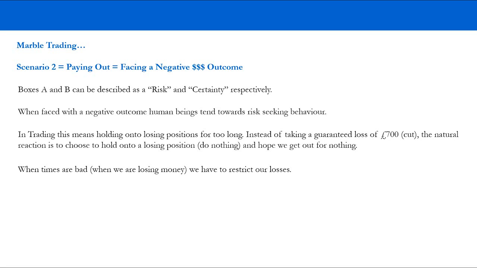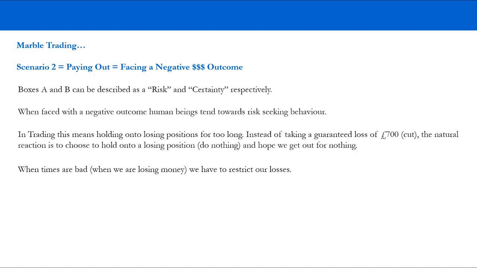But if you do the opposite, so in the scenario where you're getting paid, you seek risk, and the likelihood is you're going to make 750. But when you're paying out, you guarantee that you only lose 700, then the likelihood is that over an infinite amount of trades, you're either going to break even or make money.